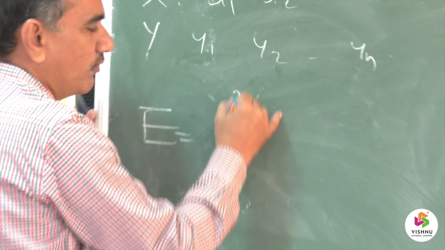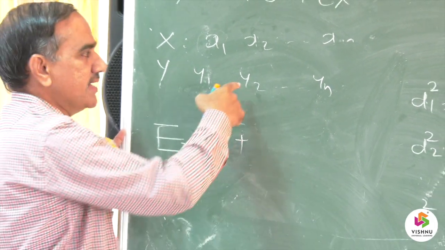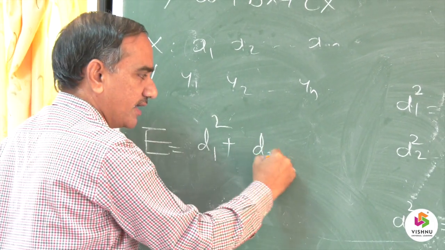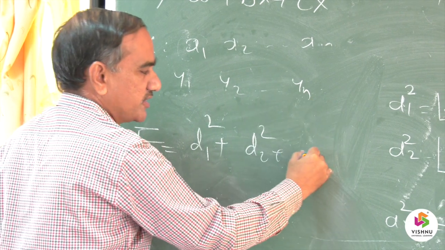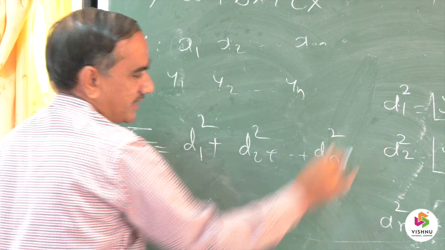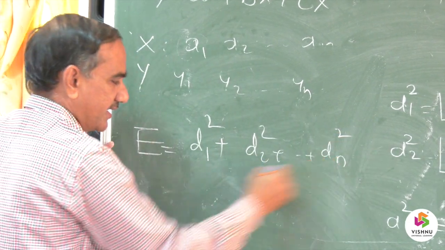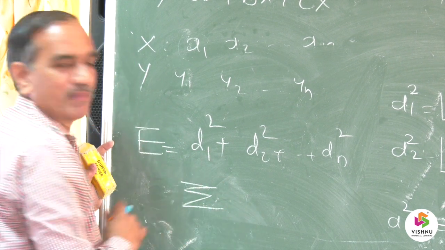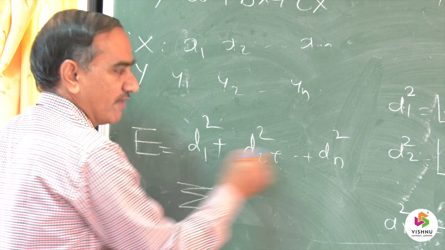In the first value, the square of the error is d1 square. For the second pair, the square of the error is d2 square. In the last combination, the square of the error is dn square. So the sum of the squares of the errors, using the mathematical symbol sigma, i changes from 1 to n.